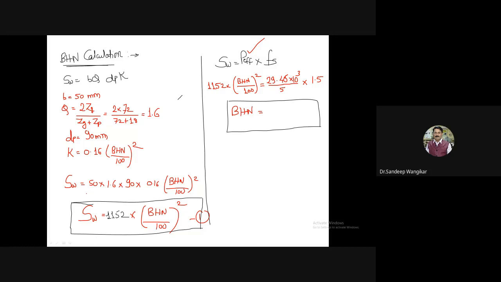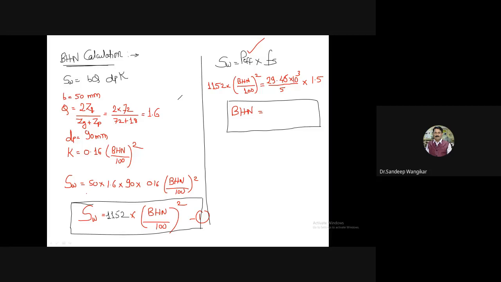Put the values fast. Someone is saying 303 or 309. Okay, 276, 277.